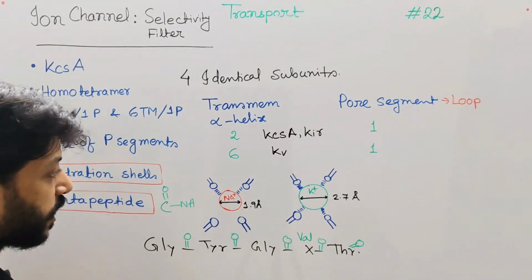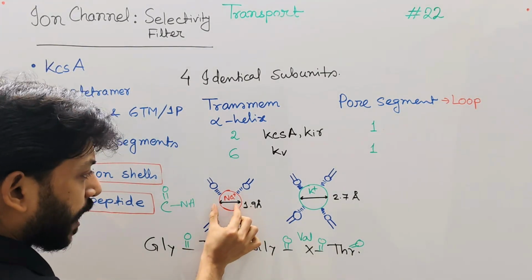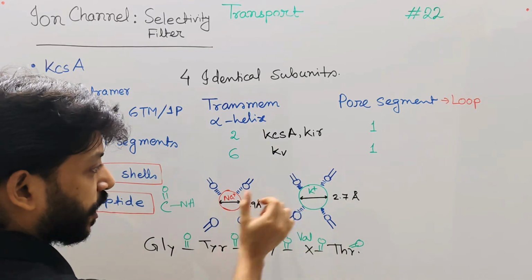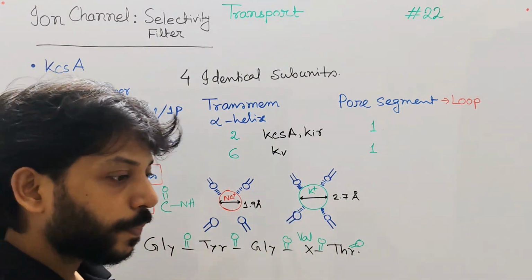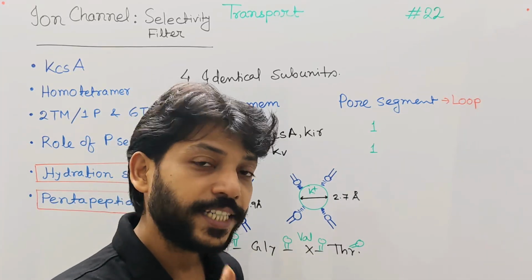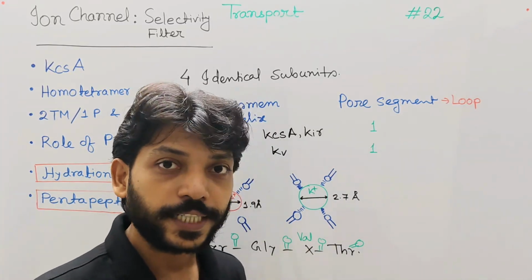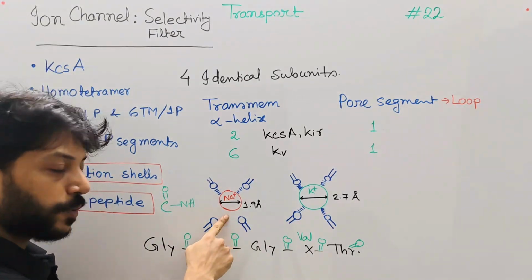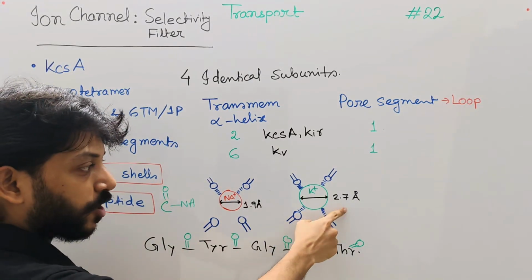But here I want to mention that, as you can see, the diameter of sodium is smaller than potassium. Now if you try to explain the size exclusion of this selectivity, you cannot make any sense, because sodium is smaller and potassium is larger in diameter.